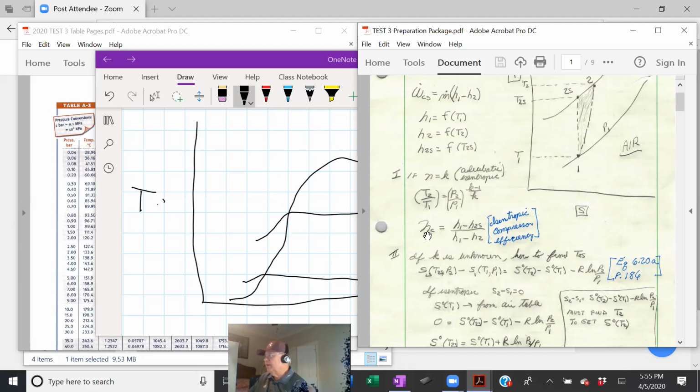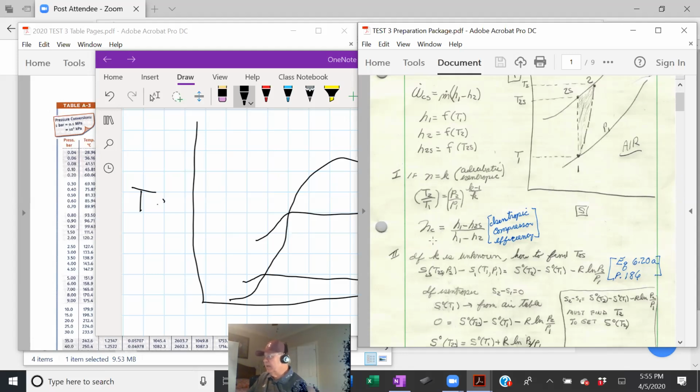We either have to be given the isentropic efficiency of the compressor, or given perhaps the exit temperature. We have to be given one. If we're given N equal K, we can calculate T2S. That should be T2S right there, by the way. We can calculate T2S from this expression.